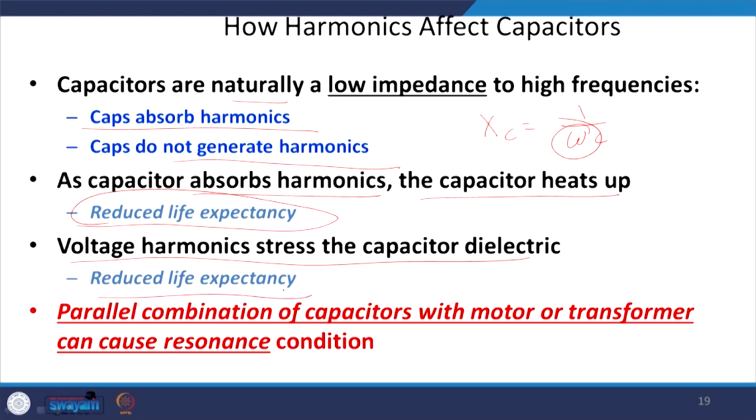Parallel combination of the capacitor with the motor or the transformer can cause a resonant condition. That is also a challenging phenomenon. We shall give some problems in your assignments, where there is a leakage reactance, and maybe you will turn on the capacitor, because the capacitor was not there.